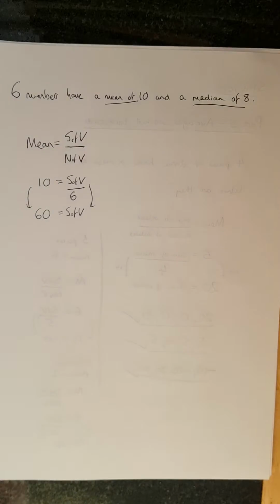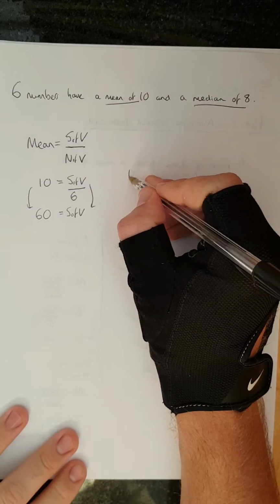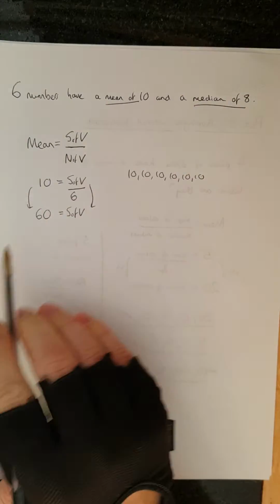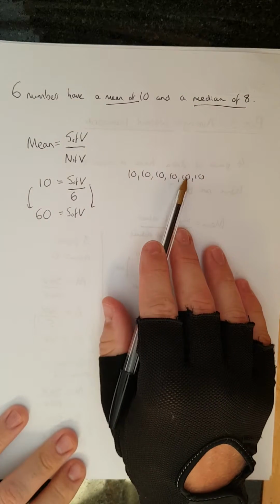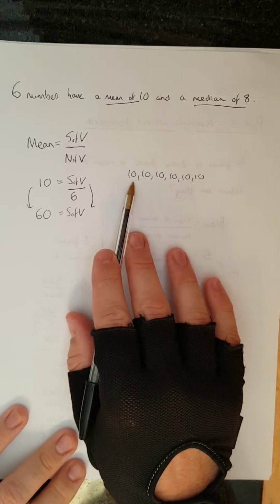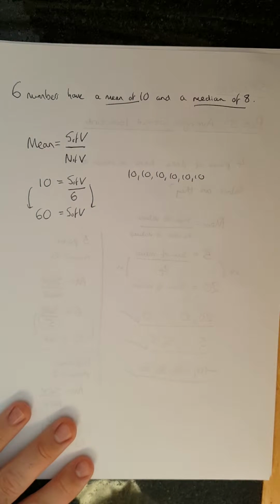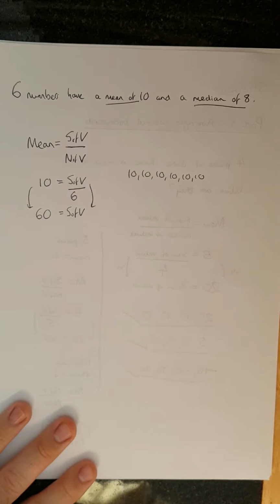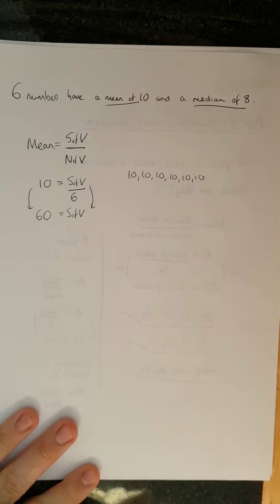But I can't just write down any old numbers. If I wrote 10, 10, 10, 10, 10, like previously with the 5s, what's my median going to be? That's right, it's going to be 10, and I want it to be 8. So the middle of my numbers is 8.